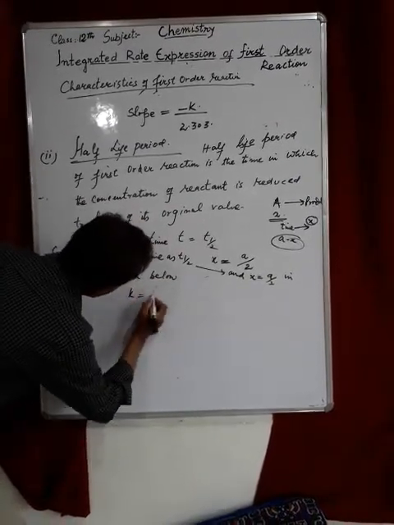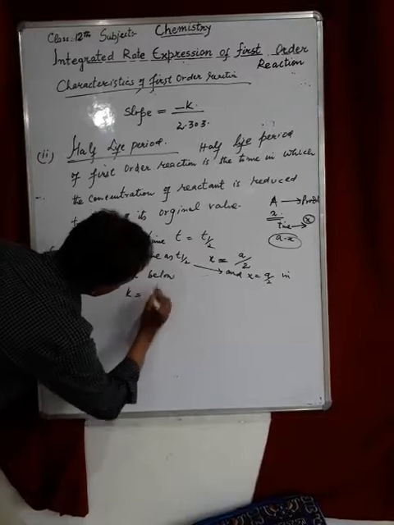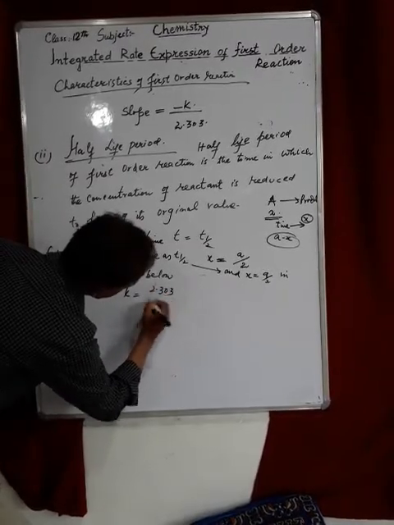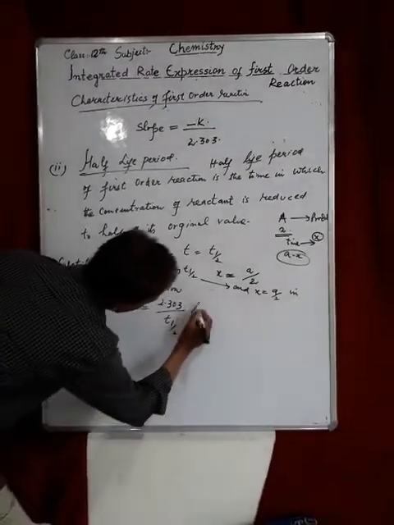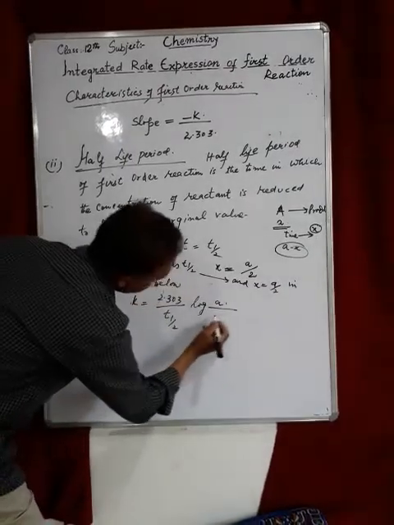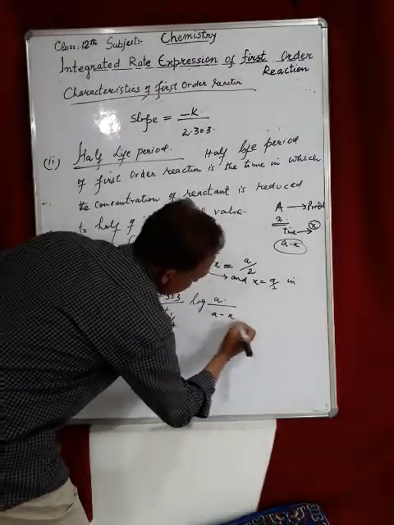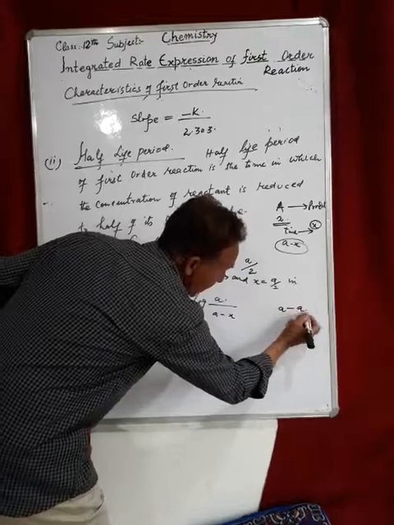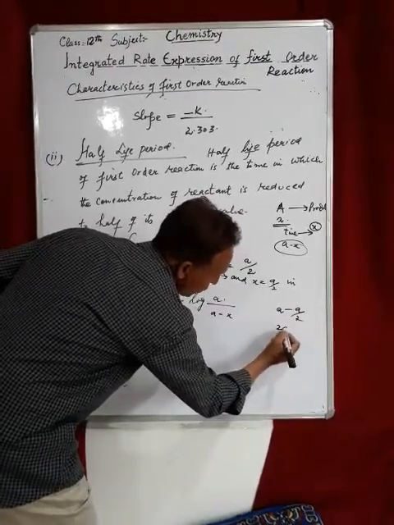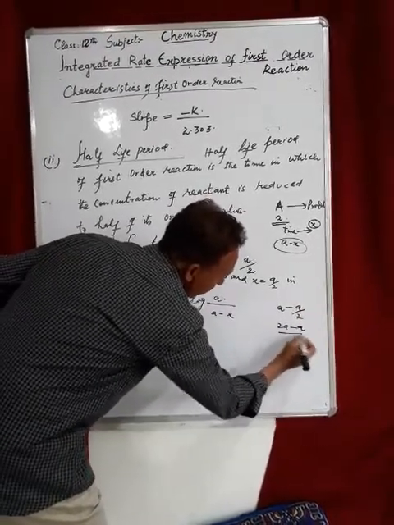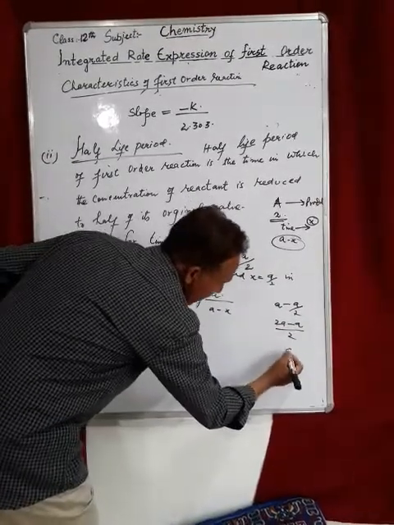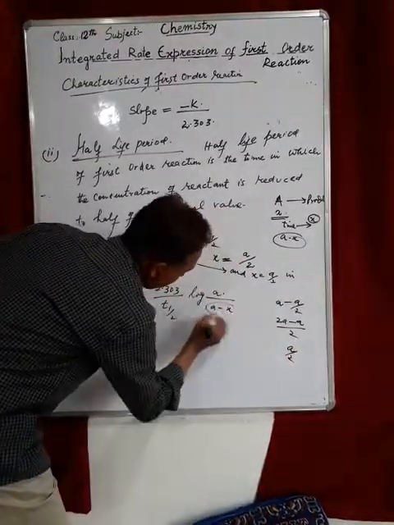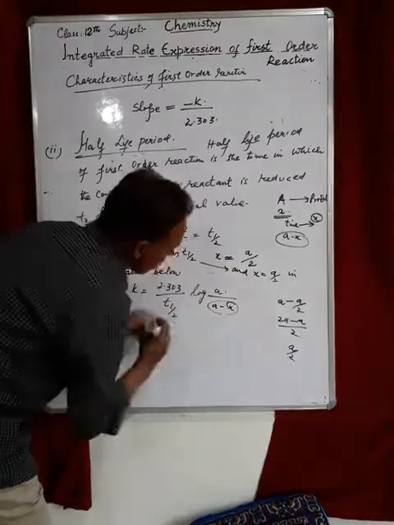So k is equal to 2.303 divided by t half, log of a divided by a minus x. a minus x is a minus a by 2, cross multiplication, 2a minus a divided by 2, so a minus x is equal to a divided by 2.